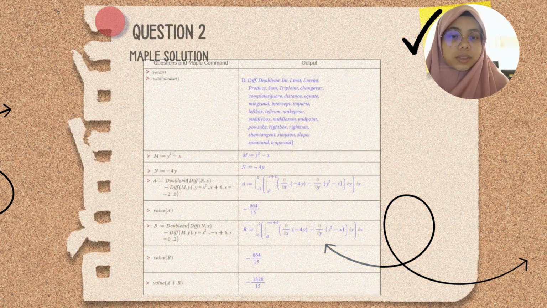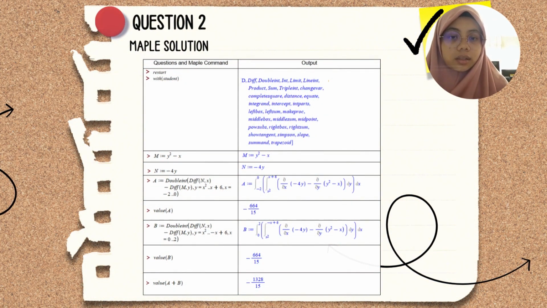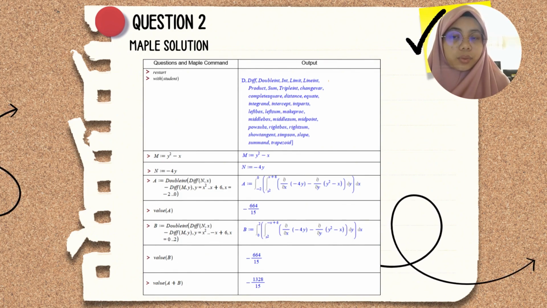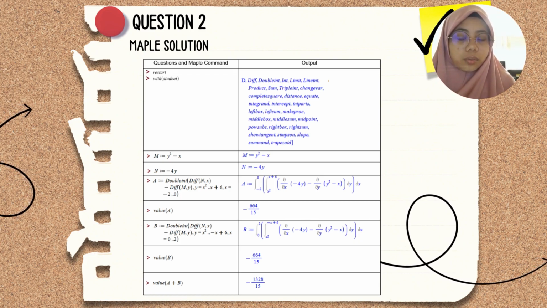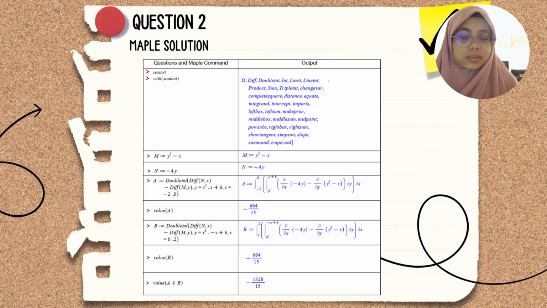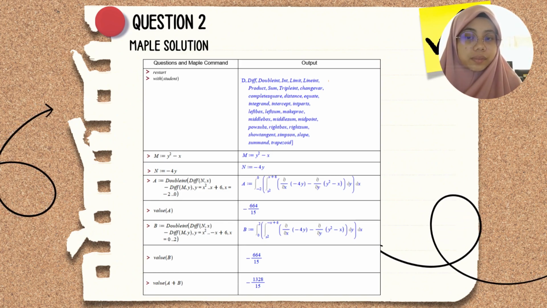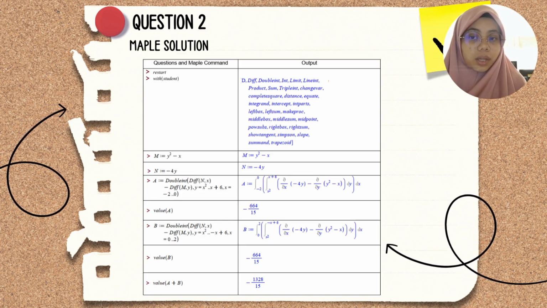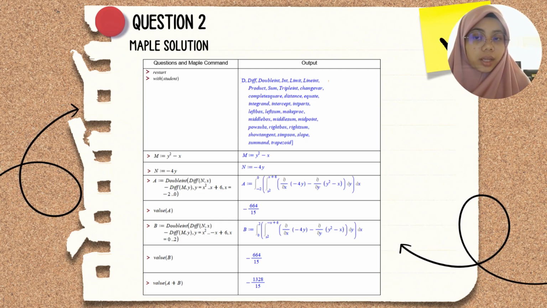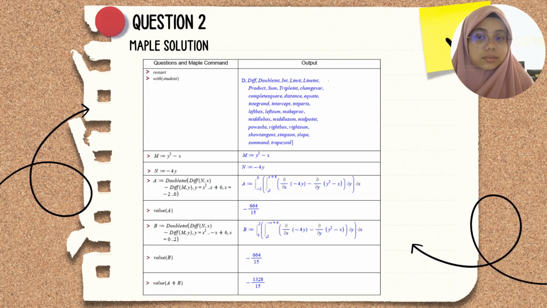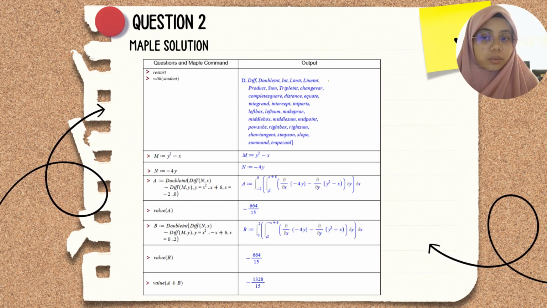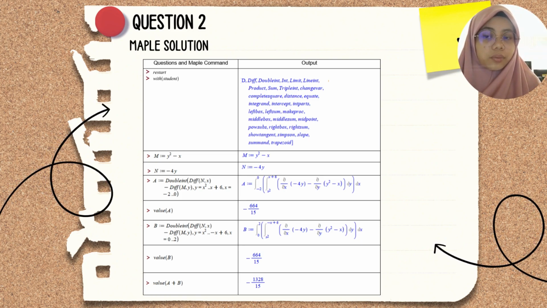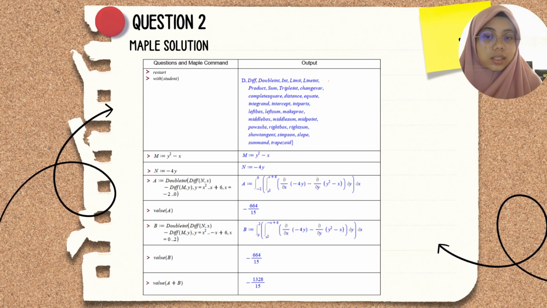For the question 2 Maple solution, firstly we type in restart, with student. Next, we let M equal y squared minus x and let N equal negative 4y. Then we let A equal the double integral of the differentiation of N with respect to x minus the differentiation of M with respect to y, y equals x squared till x plus 6, x equals negative 2 till 0. Then we get the value of A, which is negative 664 over 15.